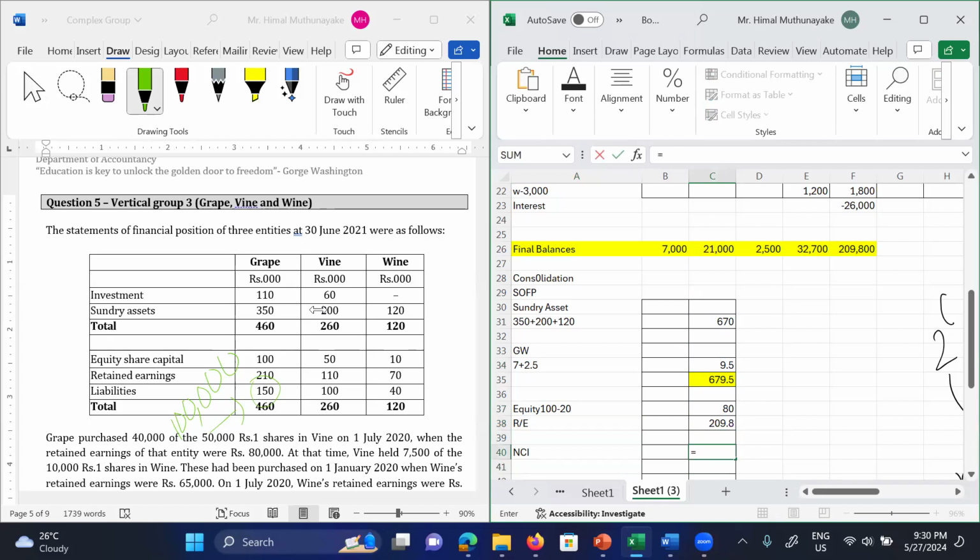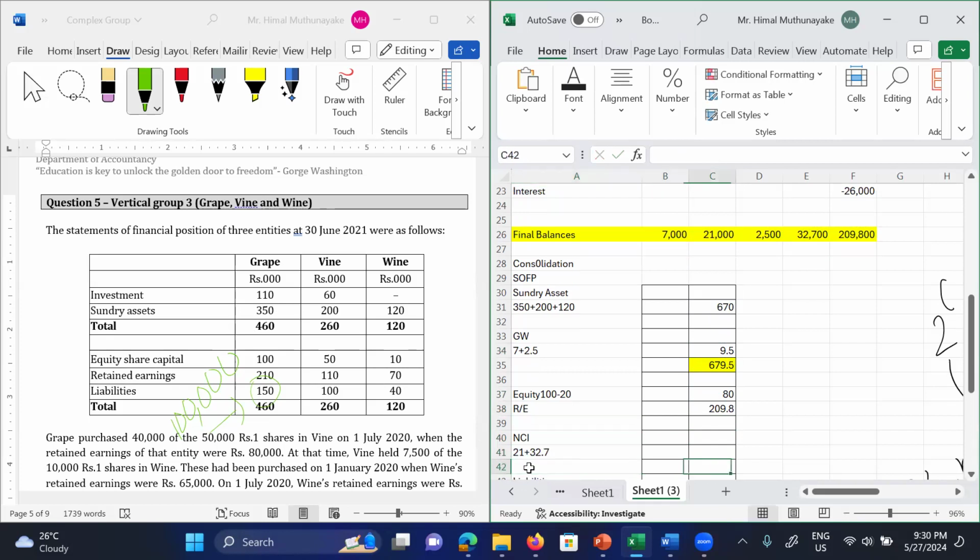NCI, you need to get the balances, 21 plus 32.7, right? 21 plus 32.7, 53.7, right?